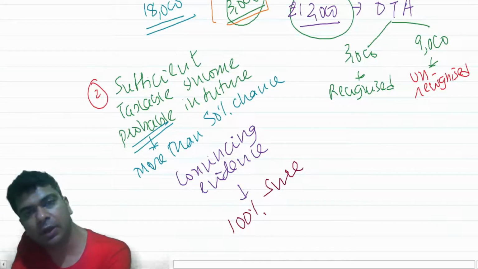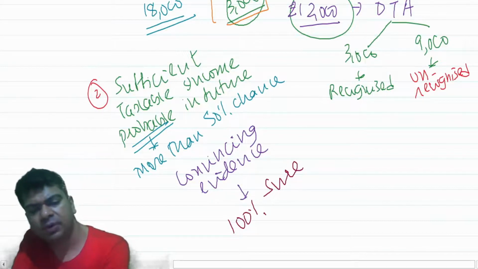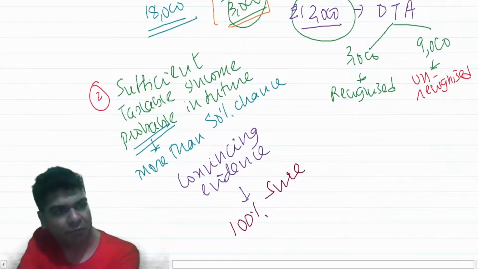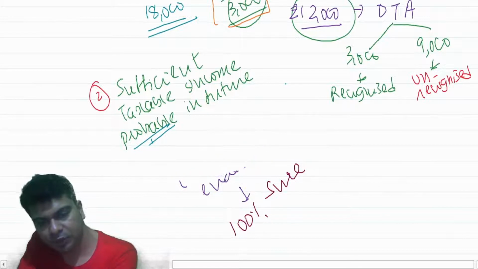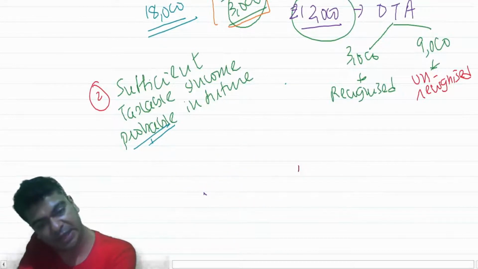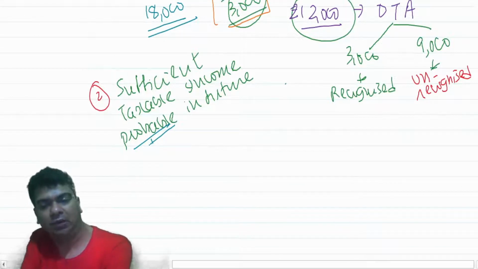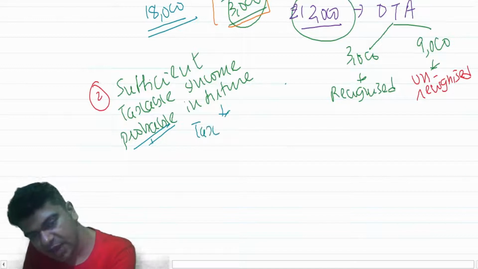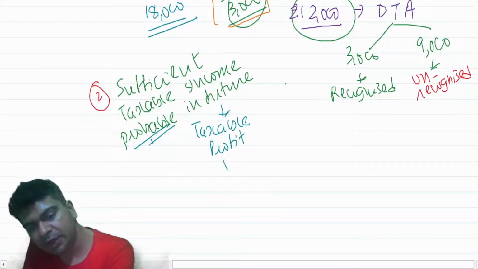So applying this particular criterion, let's assume for a moment that there is no taxation loss and all. There is sufficient taxable income in future, let us say. In the next year, I'm expecting taxable profit of 20,000.